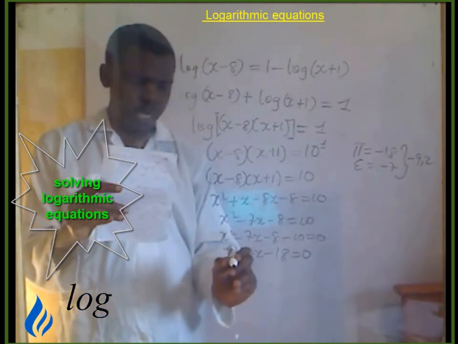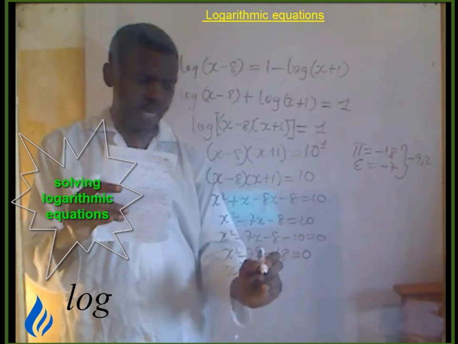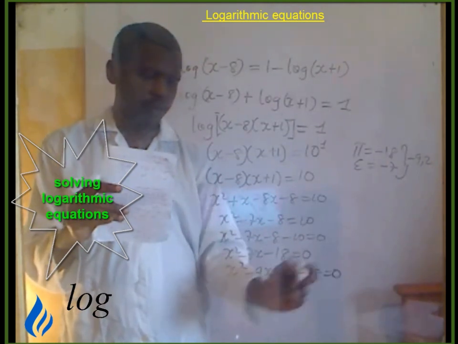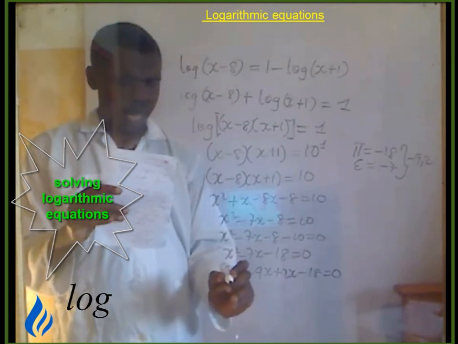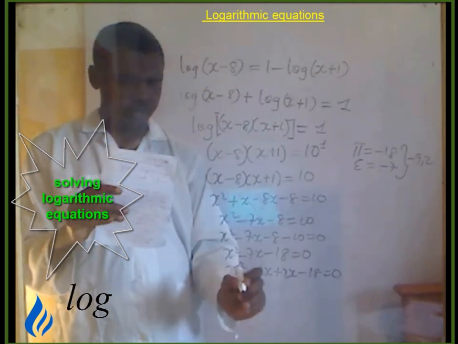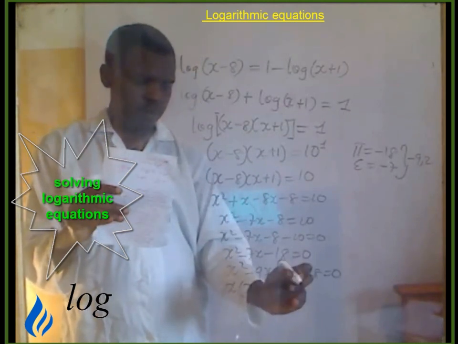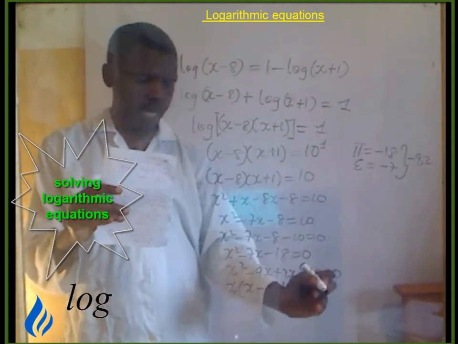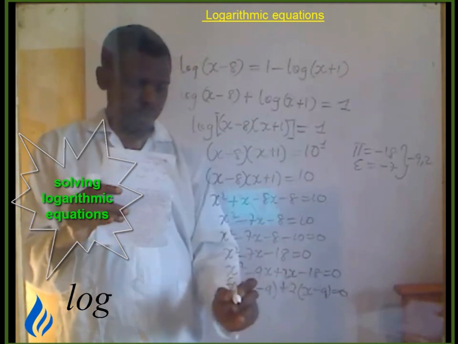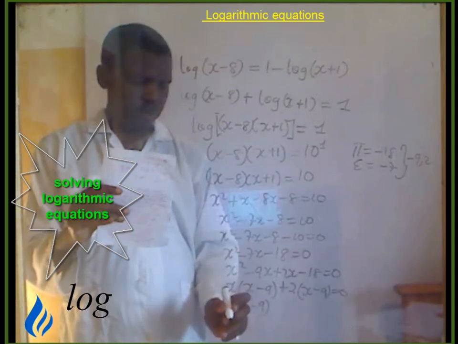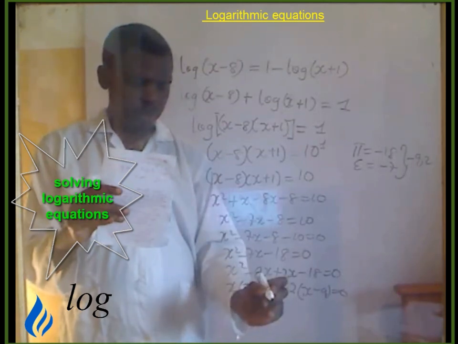So here I will say x squared minus 9x plus 2x minus 18 is equal to 0. So x is common: x factor of x minus 9 plus 2 factor of x minus 9 is equal to 0. So x minus 9 is common.